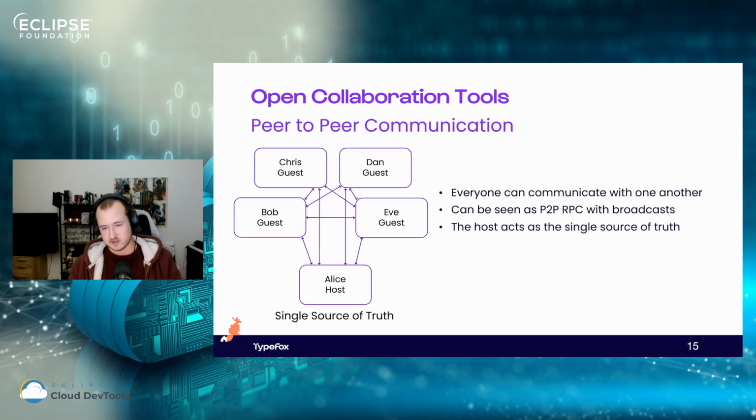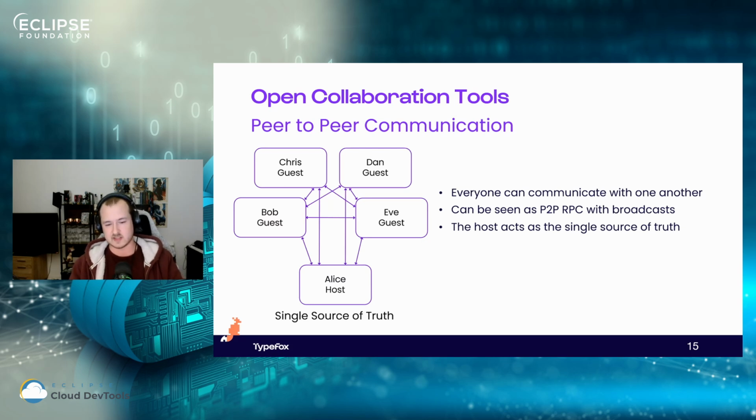And so going into this a bit more technically, this is based on a peer-to-peer communication system. Essentially, we want everyone to communicate with one another. We want to be able to exchange workspace information, file information, and something like file updates, for example. Let's say I edit a file.